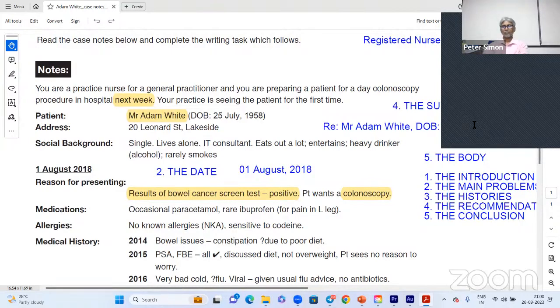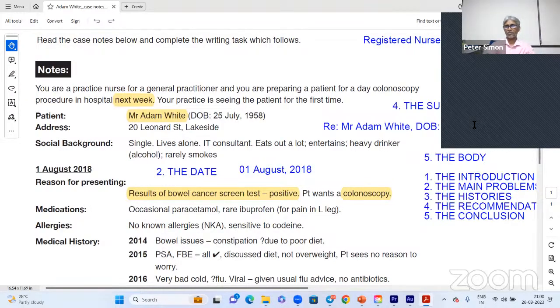Mr. White drinks heavily and smokes rarely. Can you write the sentence without Mr. White? Mr. White drinks heavily and smokes rarely.